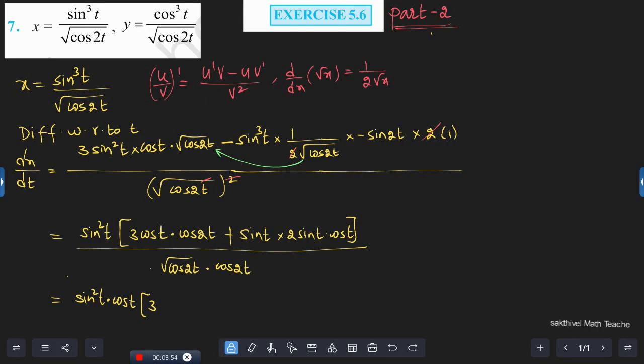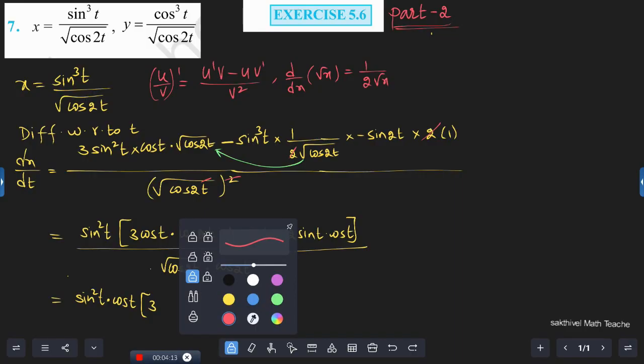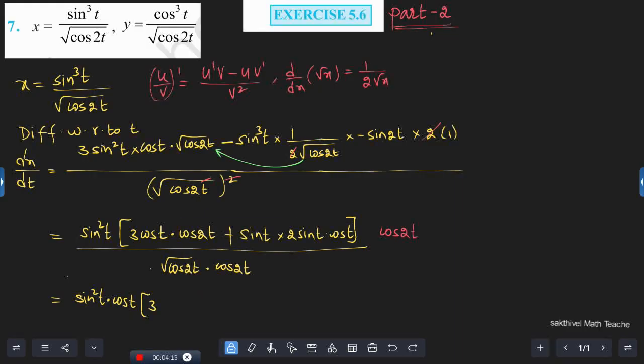See children, after taking this cos, both the cos outside, what do we have now? This is fully sine, but cos 2t alone we have in cos. This cos also, if you change into sine, now you will get the answer very easily. Okay. So that 3 cos 2t, what am I going to write? There are a lot of formulas for cos 2t, but we need it in terms of sine only. So I will be using 1 minus 2 sine square t.